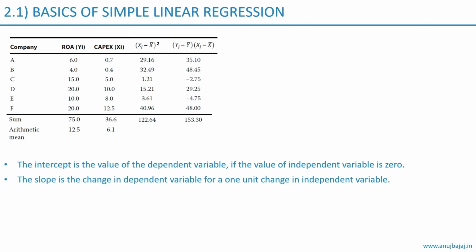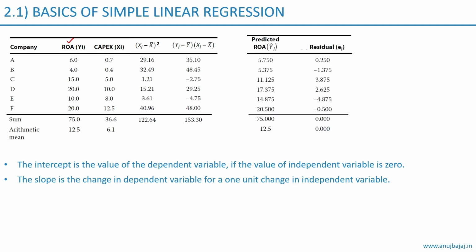So we have calculated the intercept and the slope coefficient. Using the slope coefficient and the intercept, let us find out the value of the dependent variable predicted by the linear regression model. These are the predicted values of the return on asset.